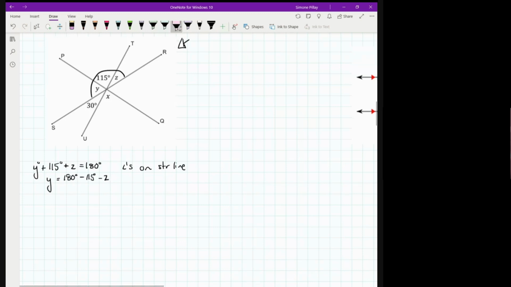Now, I'm going to stop you there. Look at what's happening here. We have y on this side and we have z on this side. There are two variables in this equation. There are two unknowns. Right now, we only know how to solve equations when there is one unknown.